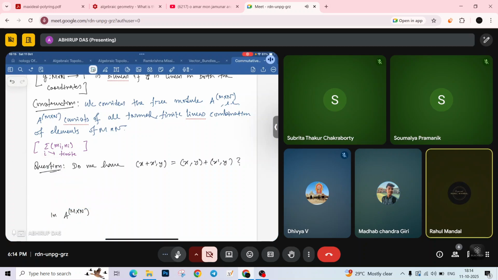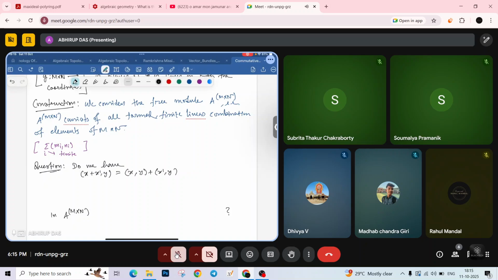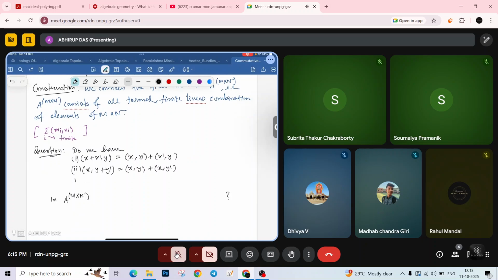Just a moment. (x, y plus y prime) is equal to (x, y) plus (x, y prime), and a times (x, y).